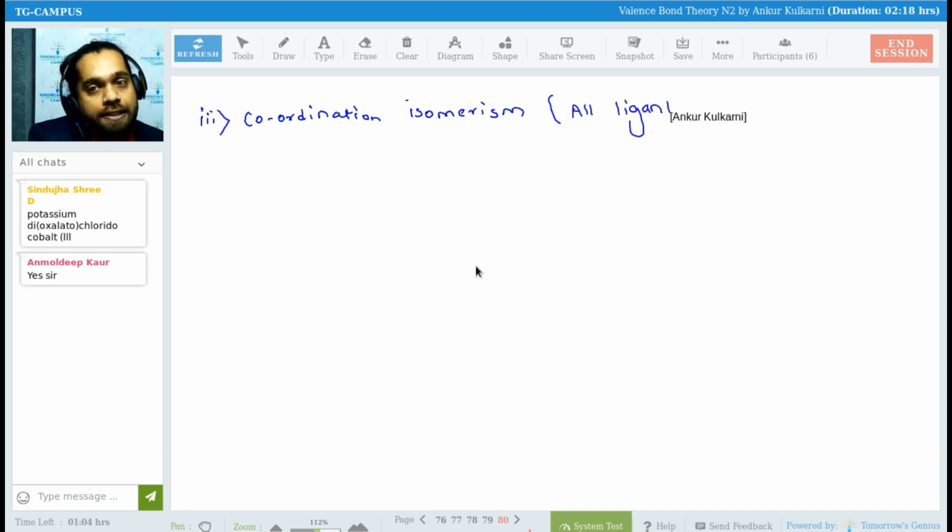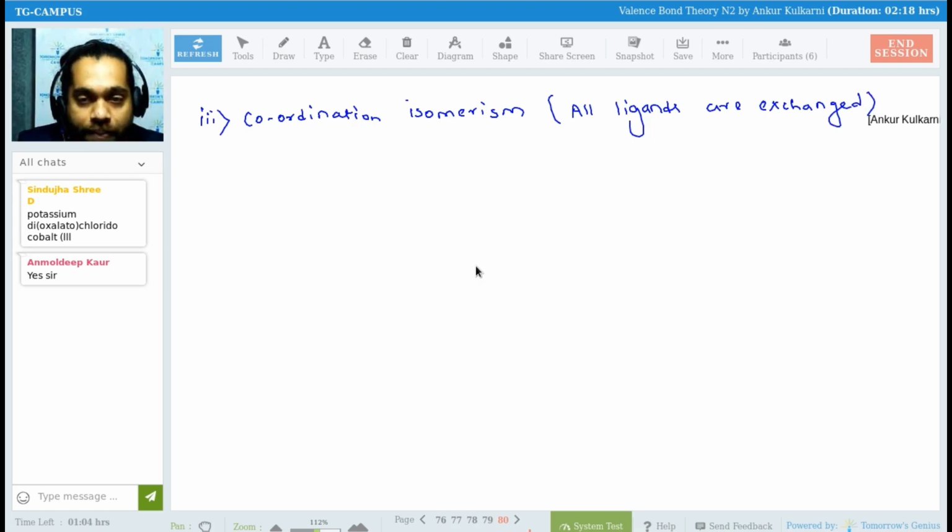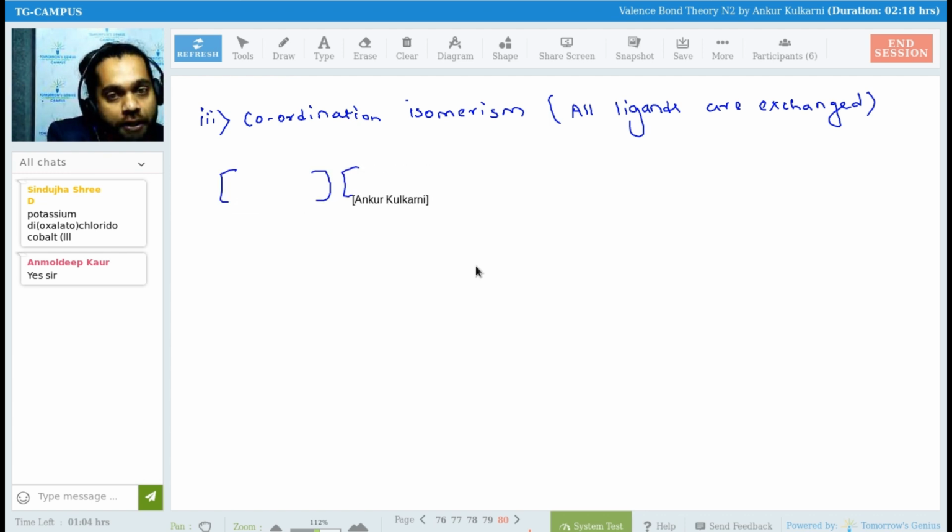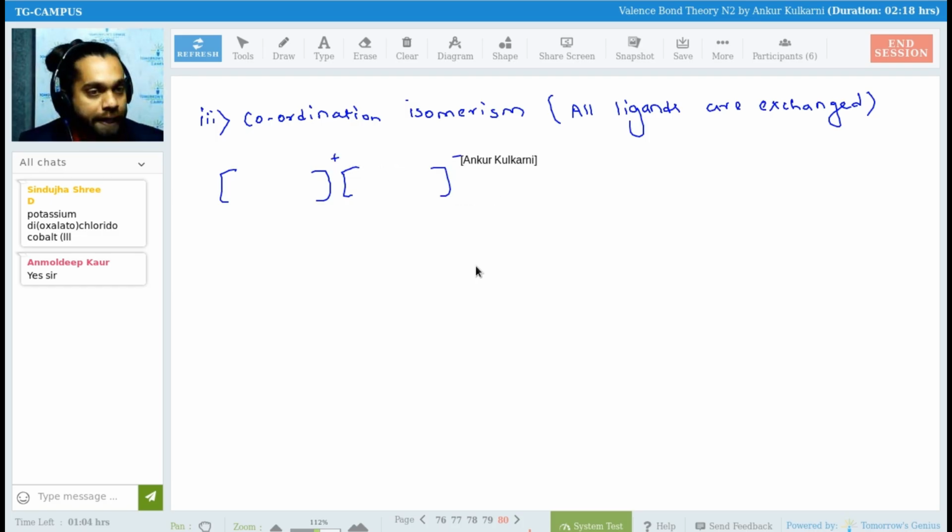For example, we have seen a positive sphere, we have seen a negative sphere. I can also have a complex with both spheres joining each other. This would be positive, this would be negative, like a neutral.